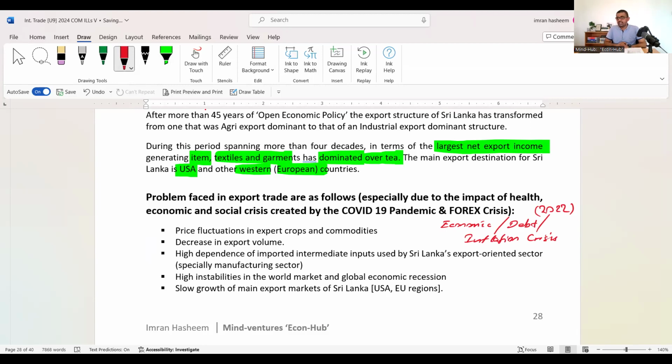Price fluctuations in export crops and commodities, right? Especially the demand from America and other countries that we mainly export to, because America, for our bad luck, right now, was the advanced economy that had the highest loss of lives and the economic impact from the pandemic.